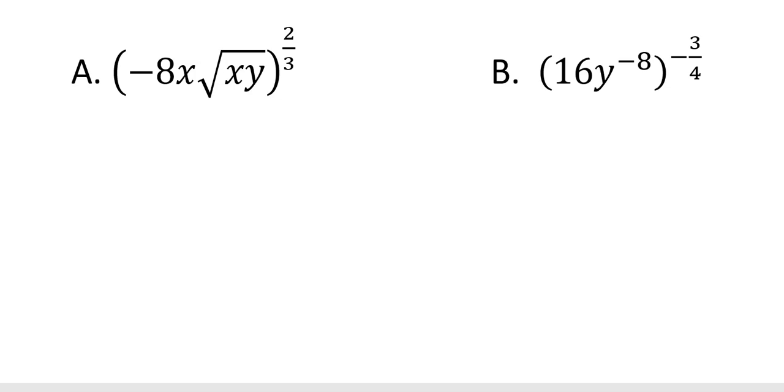So remember when you have a bunch of stuff to the 2/3 power, isn't it every single thing to the 2/3 power? So that's what I'm going to do first. So this is going to be like a -8 raised to the 2/3. It's going to be an x raised to the 2/3. And then this part right here, what fraction would those be?